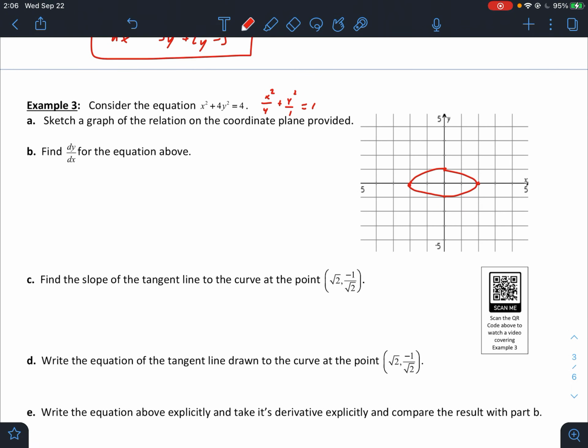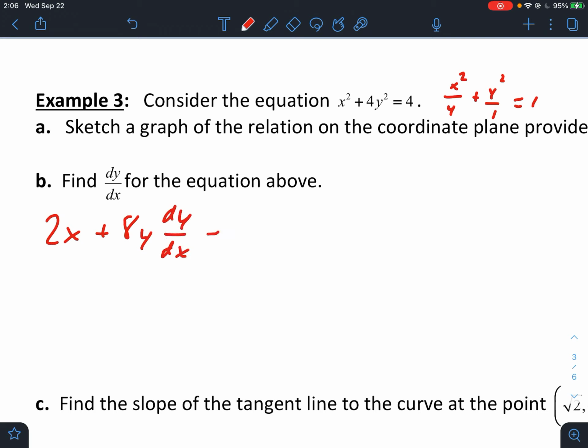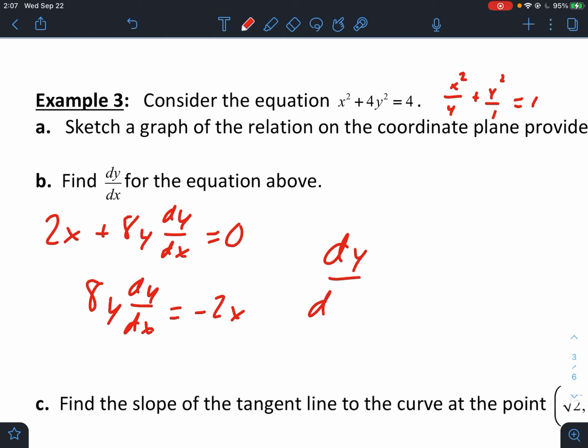So the question says to find the derivative of the equation above. Let's take the derivative of that. We would get 2x plus 4 times 2y dy dx, so 8y dy dx equals 0. Solving for dy dx, we can subtract the 2x over to the other side and divide by 8y. We get negative x over 4y.